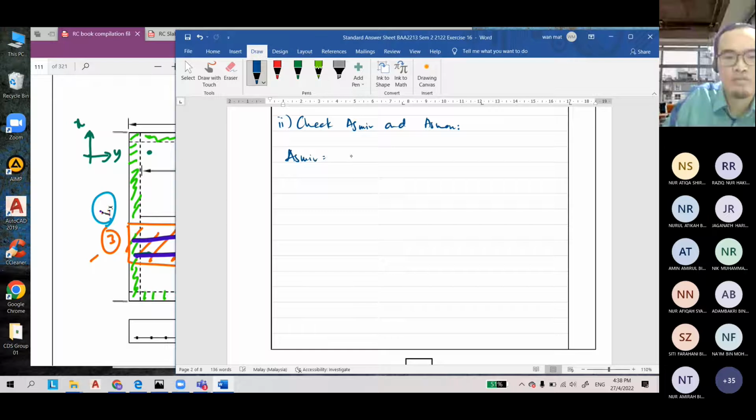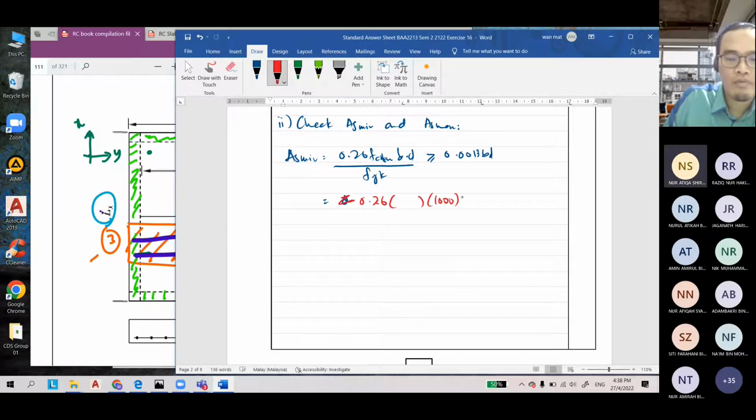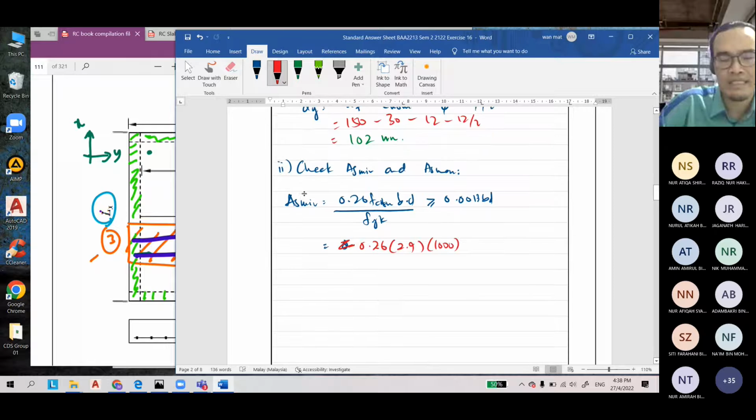As minimum is equal to 0.26 fctm b d divided by fyk, greater than or equal to 0.0013 bd. 0.26 fctm is equal to 2.9, because the concrete grade is 30.